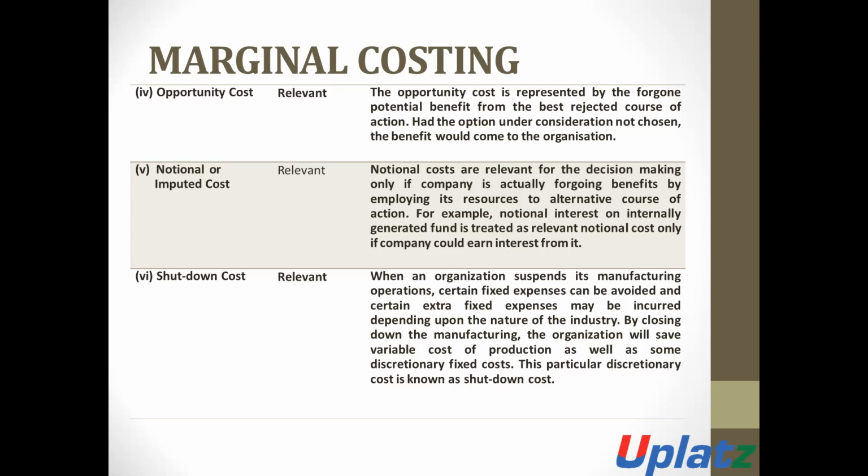If he wants to switch to business, then the 20,000 rupees is to be considered as an opportunity cost, and this cost is relevant for the purpose of taking the decision. There should be at least 20,000 rupees per month earning in the business so that he can recover or adjust such an amount with the salary. So this is the opportunity cost and it is relevant for the purpose of taking decisions.